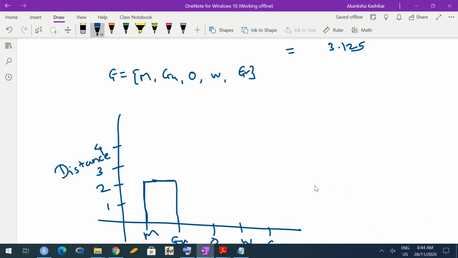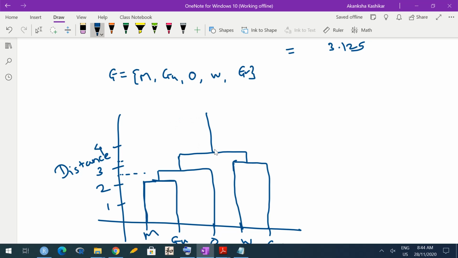Then after that, orange joined them at the distance of 2.5. So here orange joined them. Then watermelon and grape got joined at the distance of 3. And finally these two groups got joined at the distance of 3.125.